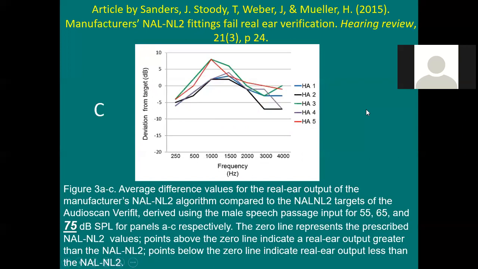Now for 75, watch what's happening here. Lots of them are asking for more. So the version of NAL 2 found on Phonak, found on Oticon, found on Starkey, found on whatever, on 5 different manufacturers, versions of NAL 2 for loud inputs of 75 dB SPL, those are prescribing more output in the mids frequencies than the NAL 2 on the real ear system.